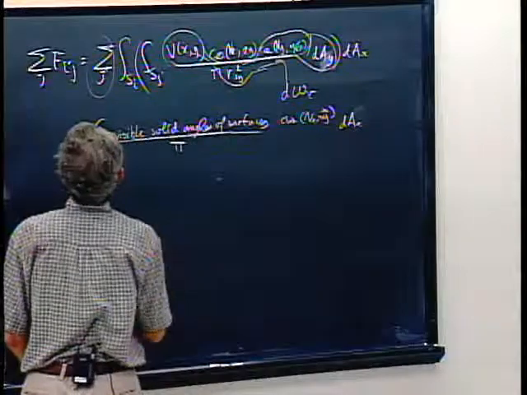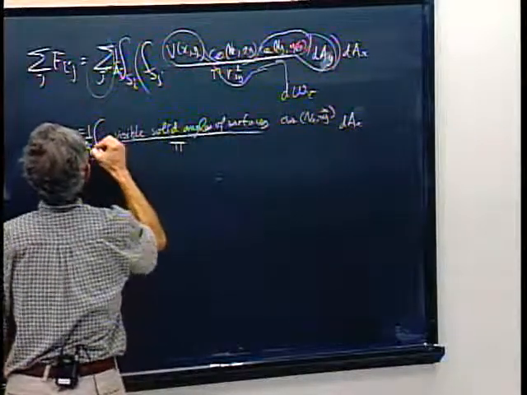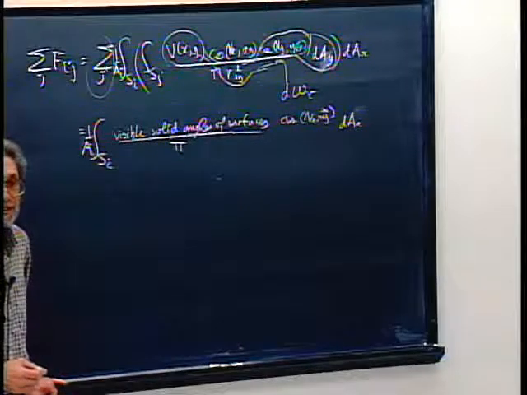And I forgot my 1 over Ai in this formula for the form factors, as I've consistently been doing all period because I'm not looking at my notes.